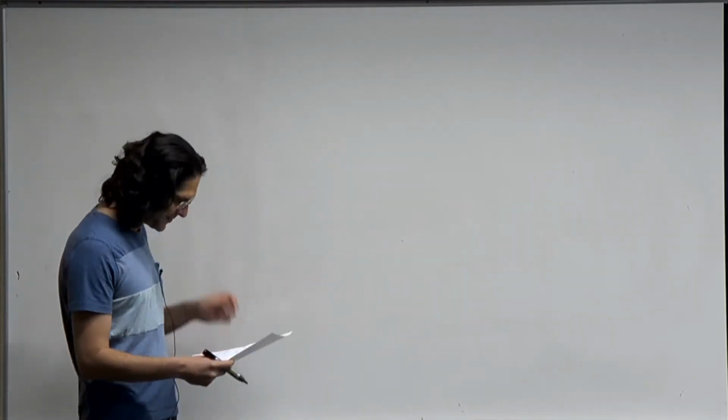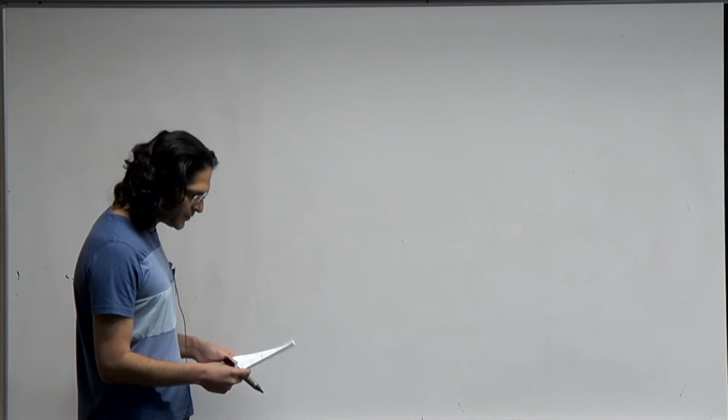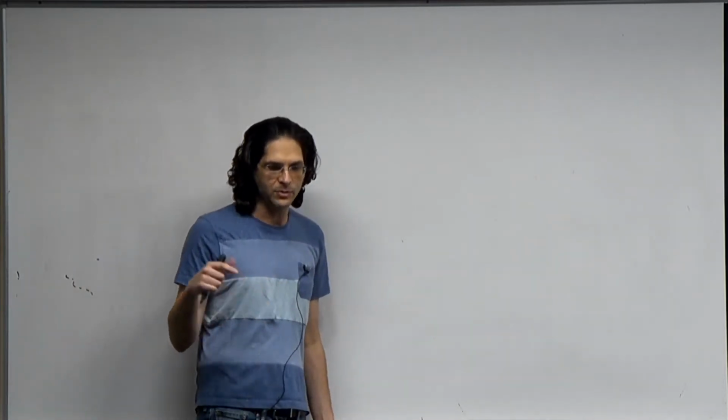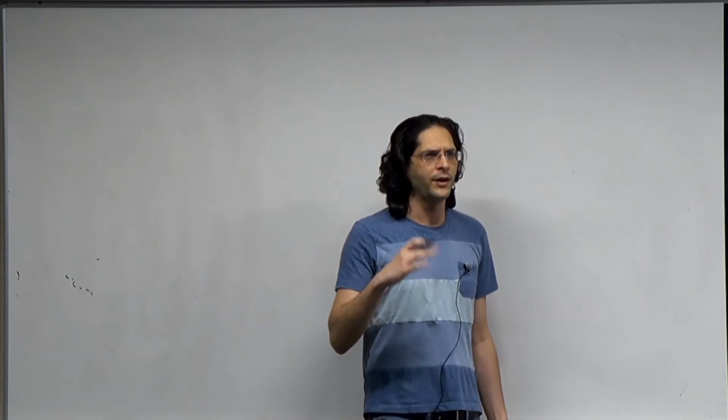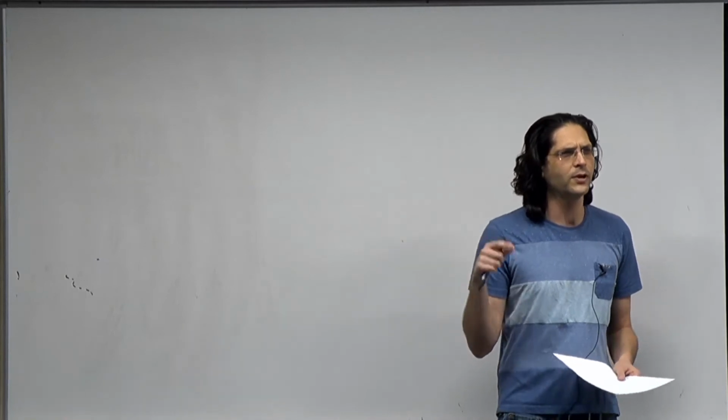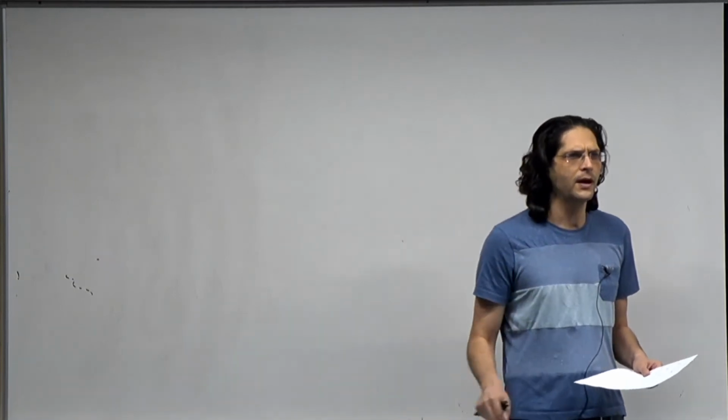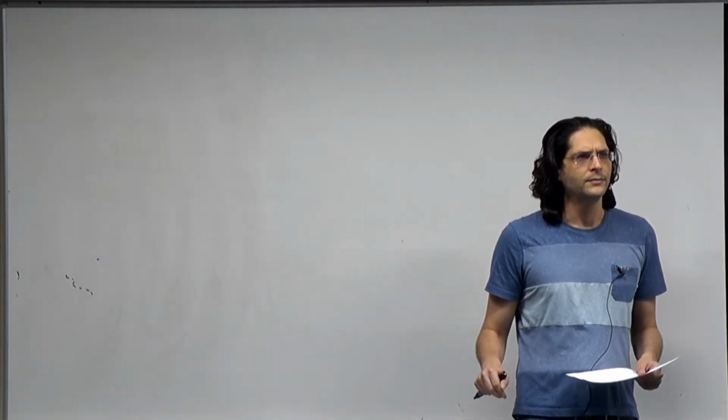Great. Okay. So today we'll be continuing what we did last time. We'll be finishing up our intro to quantum information. We left off with Deutsch's algorithm, so we're going to finish that up. And then we're going to be talking about slightly more realistic systems, still within quantum information.